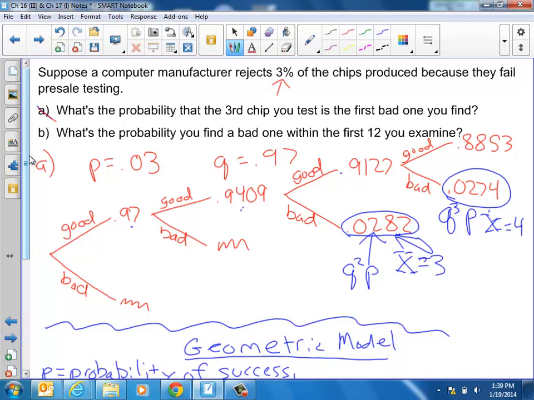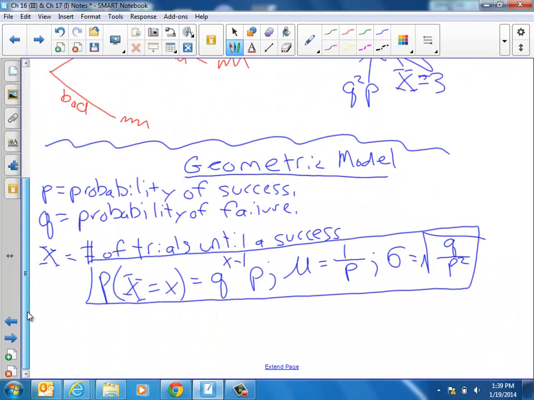What's the probability that you find your first bad one on the 12th that you examine? Does that make sense? So we're finding the first bad one on the 12th chip that we're drawing from the manufacturing line. Okay, so part B, we can just say, well, that's the probability.